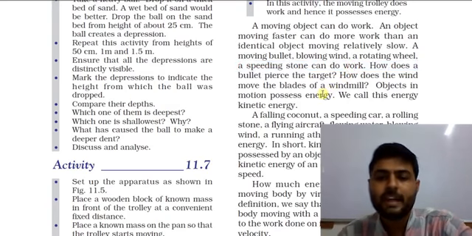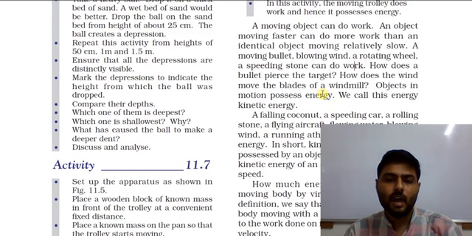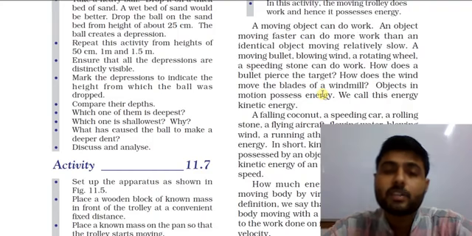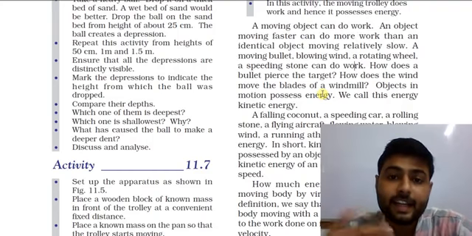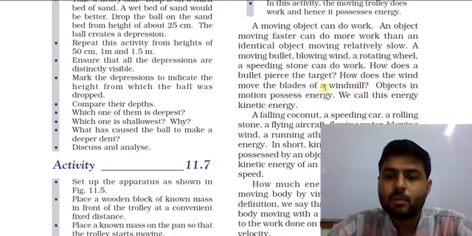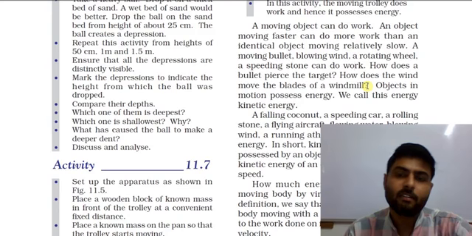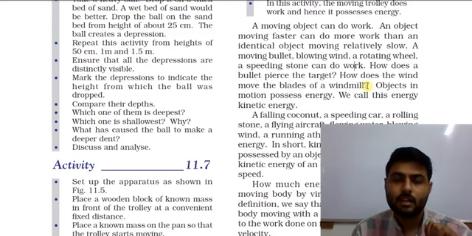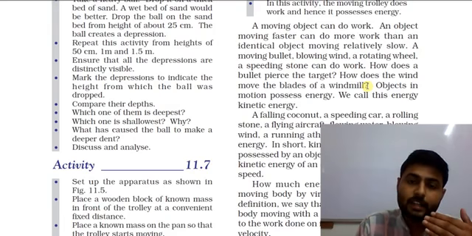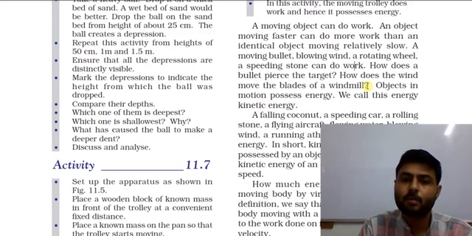How does a bullet pierce the target? Because it has velocity, it has speed. How does the wind move the blades of a windmill? We know that a windmill has blades. These blades move due to the wind, or say the velocity of the wind. If the velocity is below a certain level, it will not move.